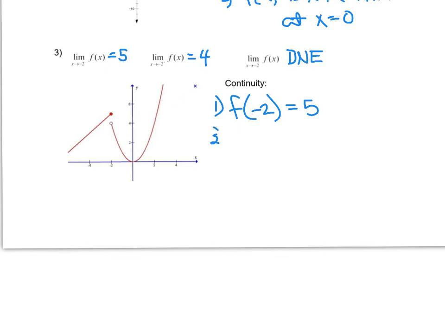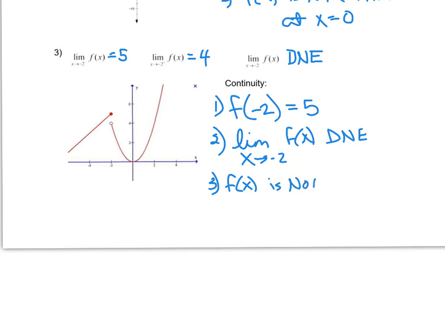However, where I ran into trouble with my definition of continuity is that the limit as x approaches negative 2 of the function f of x does not exist. So I can't possibly have a function value equaling a limit that doesn't exist. So that then tells me that this function f of x is not continuous at x equals negative 2.